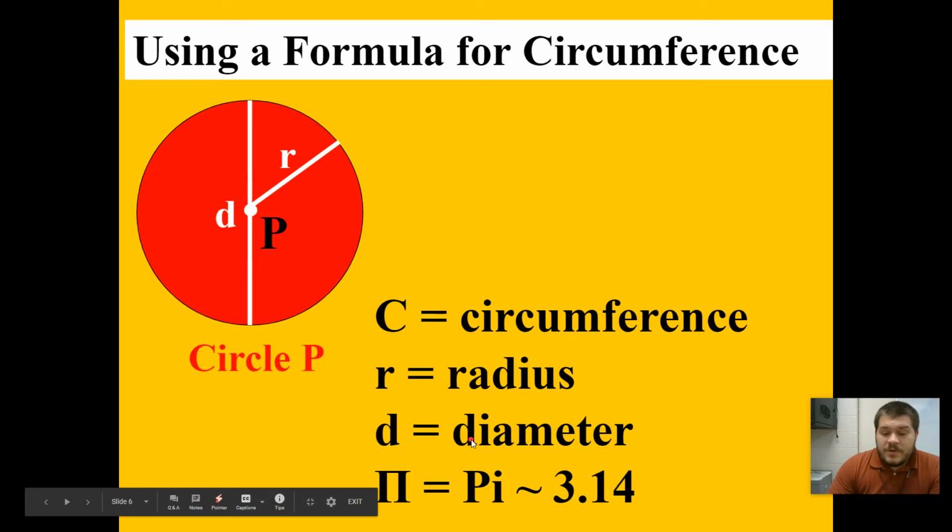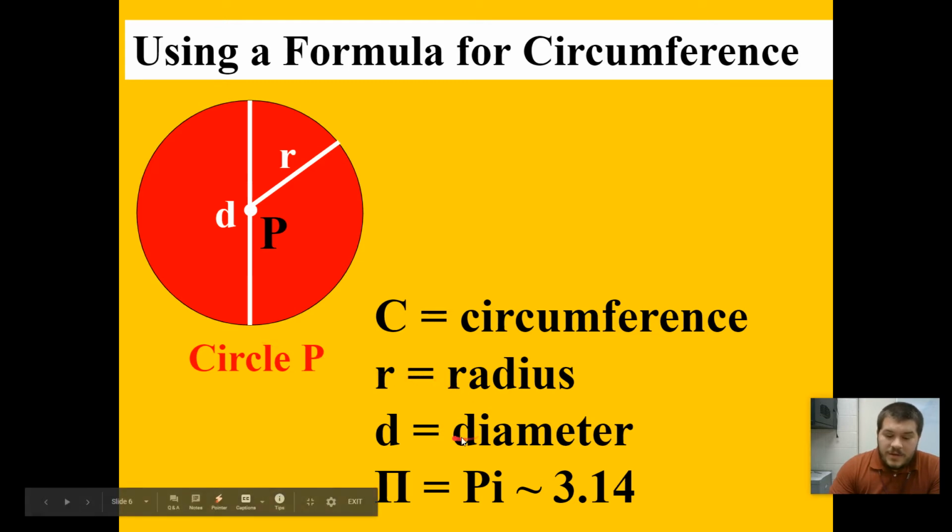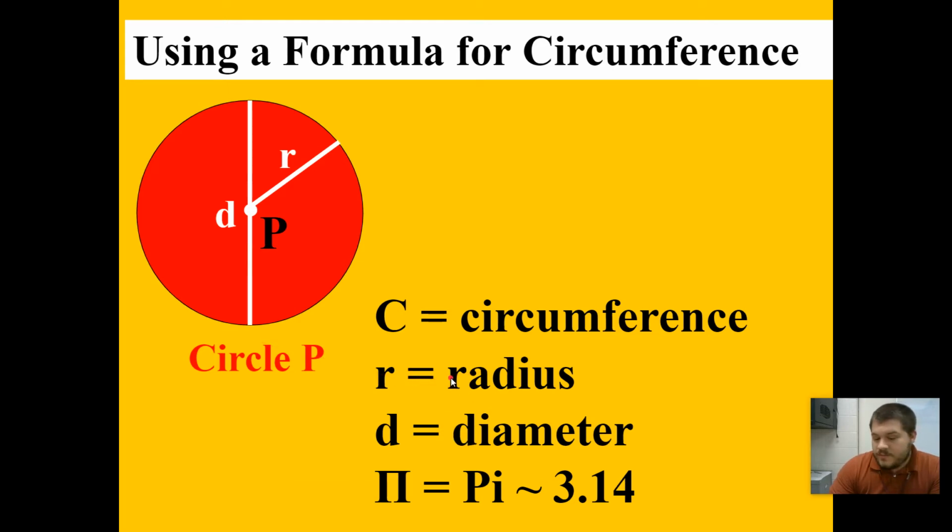Now, the diameter is the distance across the circle that goes through the middle. It's also the same as 2 radii. So if I draw this diameter that you see right here, from the center out, that's 1 radius. From the center out this way, it's another radius. So 1 diameter equals 2 radii.